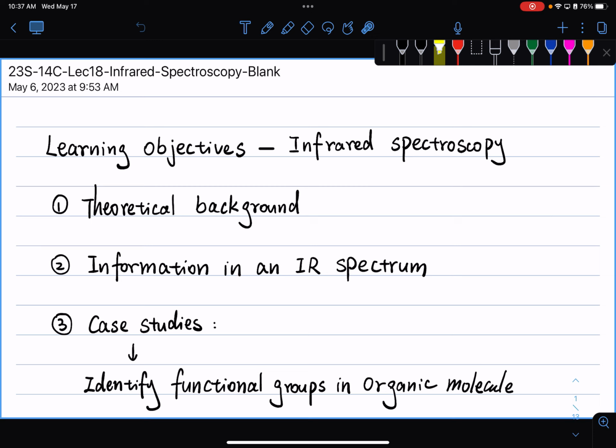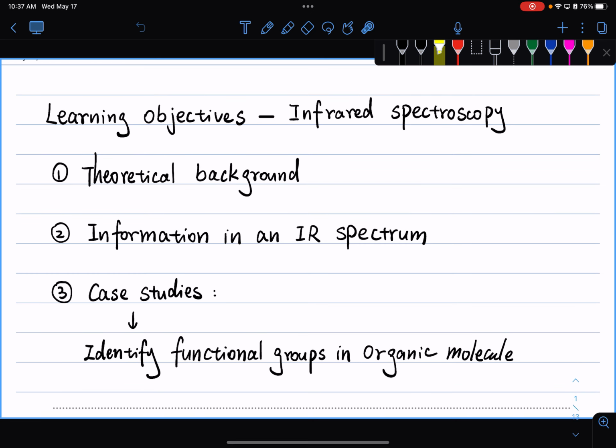All right, so IR spectroscopy, or infrared spectroscopy. The structure will be similar. We'll start by talking about the theoretical background and what assumptions we're making when we're talking about infrared spectroscopy. Then we'll look at what information we can get in an IR spectroscopy, and then we'll do some case studies.